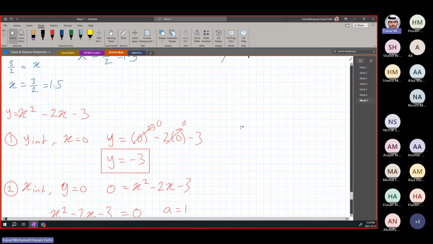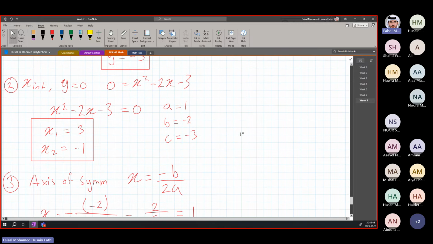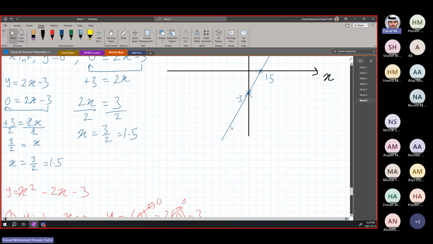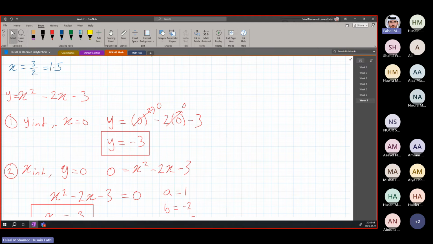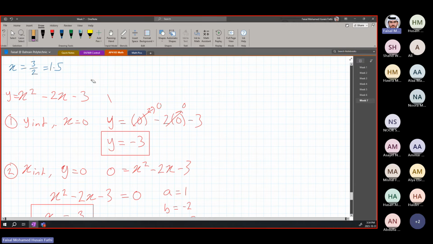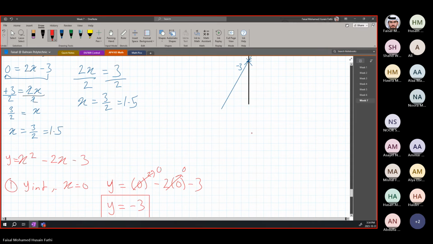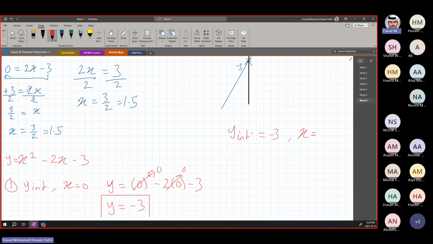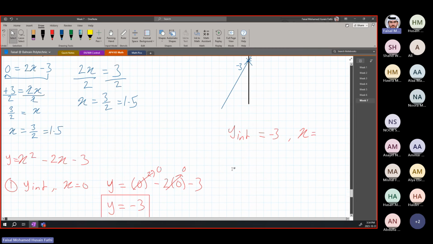All right. Now let's go back to the plotting. We'll remind ourselves: the y-intercept was minus 3. The x-intercepts are 3 and minus 1.